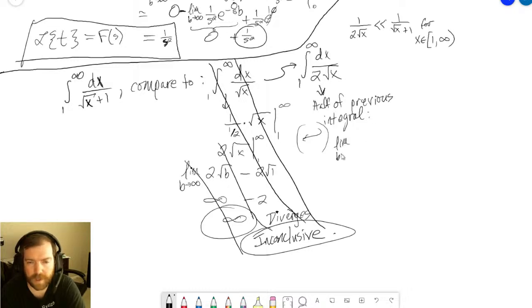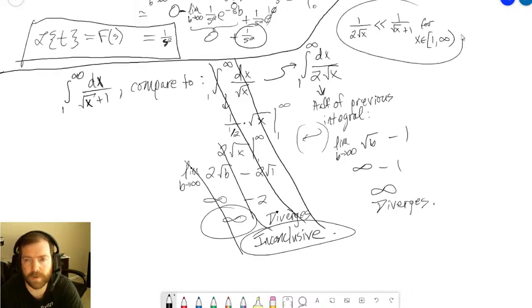So we would get the limit as b goes to infinity of the square root of b minus 1. Yet again, the limit as b goes to infinity of the square root of b is still infinity, and then we subtract 1, so it's still infinity. So in this particular case, this still diverges.